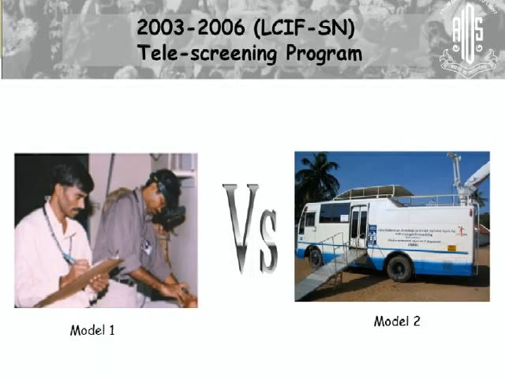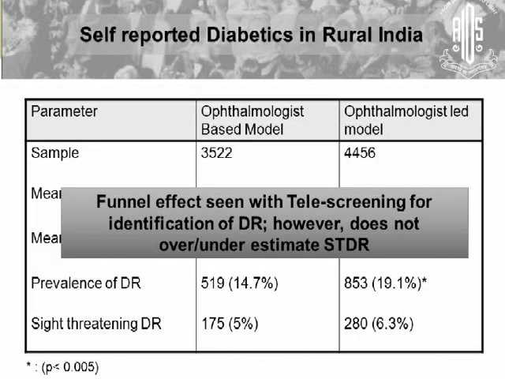With Lions Club International, we did a telescreening program between 2003 to 2006, and we had both the models. We had a model where we had ophthalmologist-led, that is the telescreening, and ophthalmologist-based, where the doctors used to go and do the screening camps. We had the opportunity to compare these two, and we do see that prevalence of diabetic retinopathy was a little more in the ophthalmologist-led model.